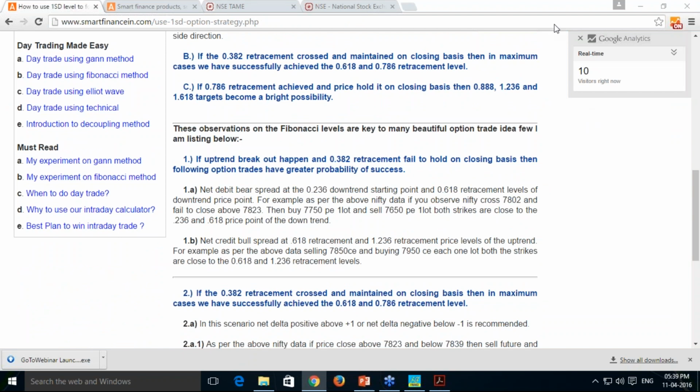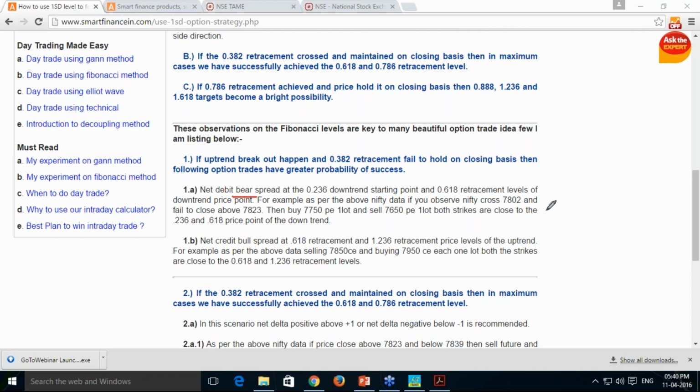Though option strategies are unlimited, and you can form many kinds of strategies, I have listed two: a net debit bear spread at the 0.236 downtrend starting point and the 0.618 retracement of the downtrend price point, and a net credit bull spread from 0.618 to 1.236 retracement.